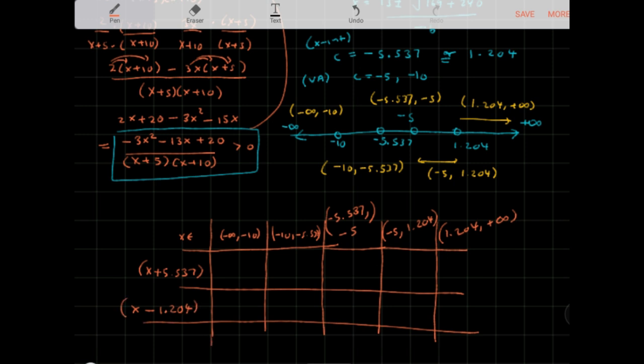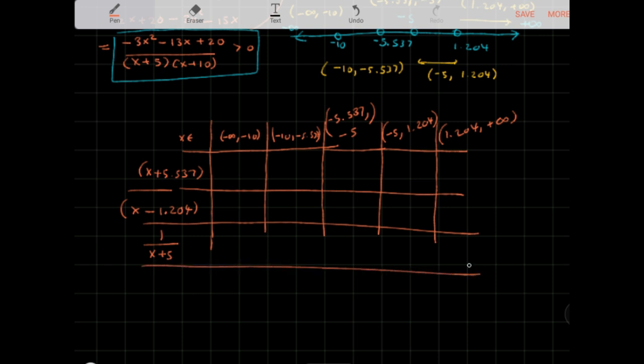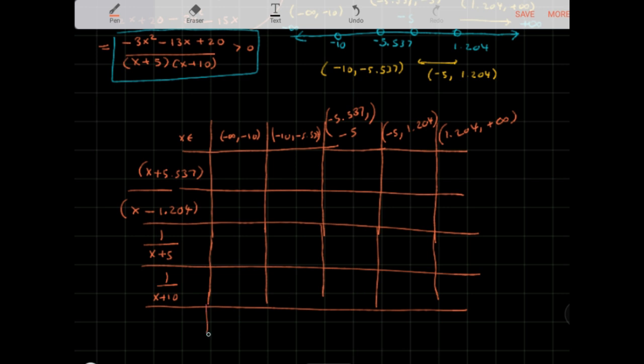Okay, once again, these are approximations, right? And we also have the denominator, so 1 over x plus 5. Right, we'll also have 1 over x plus 10, and we can call this the function collectively. Okay, so let's call this our rational function r of x. And we want to figure out which intervals will make this greater than 0.